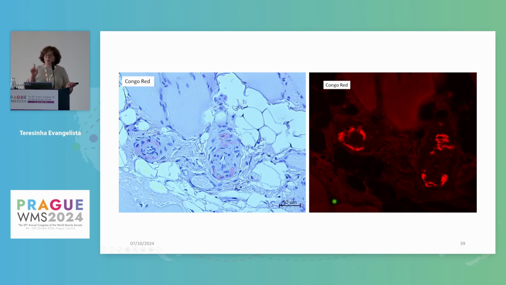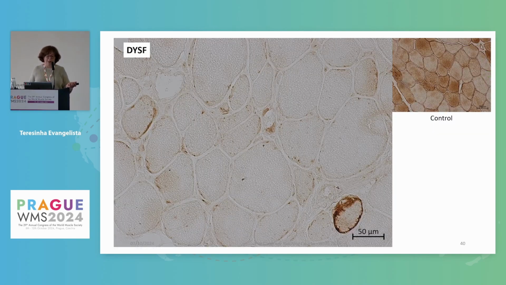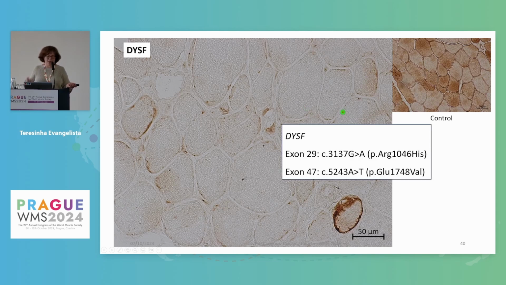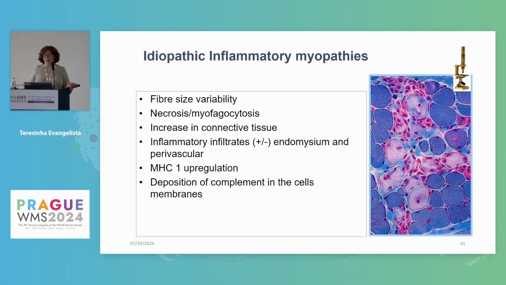There is deposition of amyloid in other diseases, not just in amyloidosis, like in dysferlin, for instance. And this patient has a dysferlinopathy. Okay, it's confirmed. And I'm stopping here because the inflammatory, I don't have the time. It's time to finish.